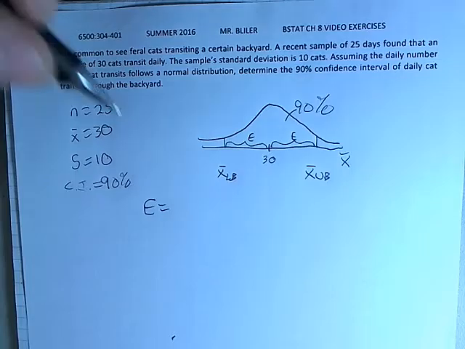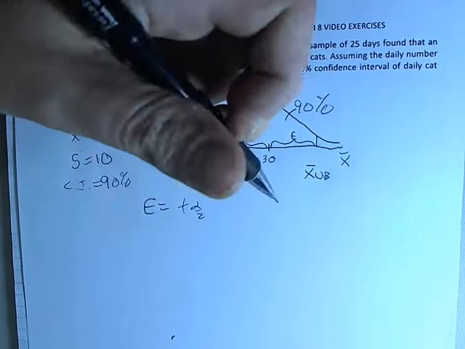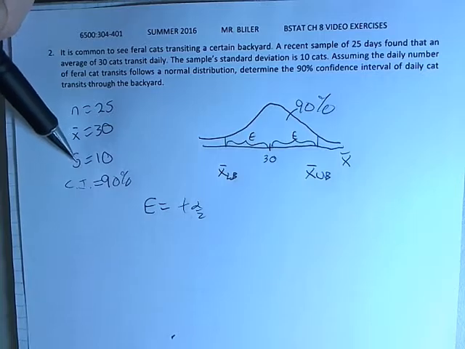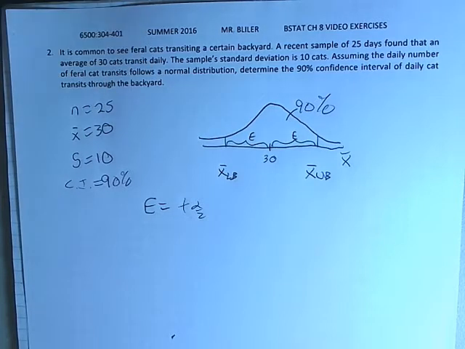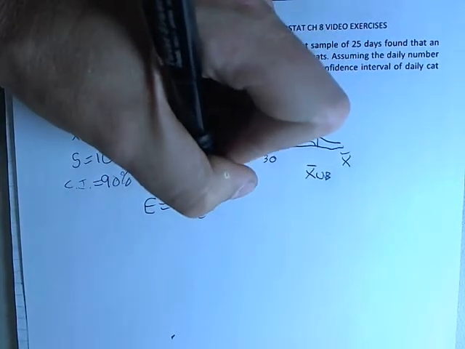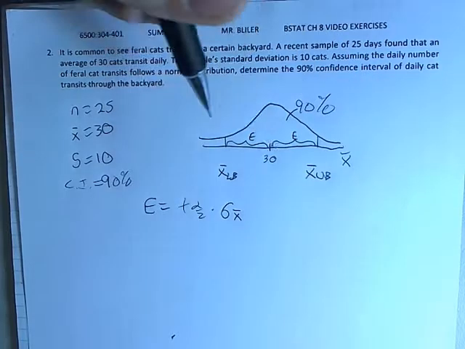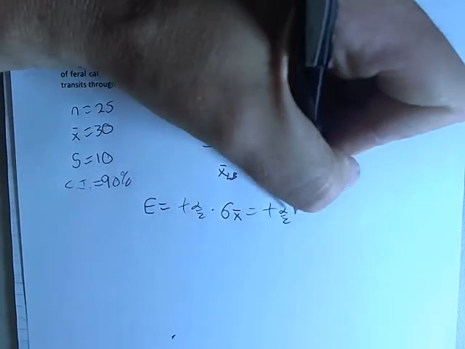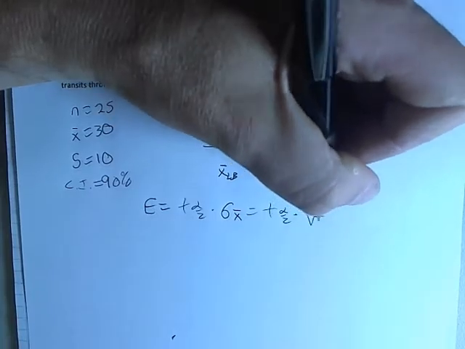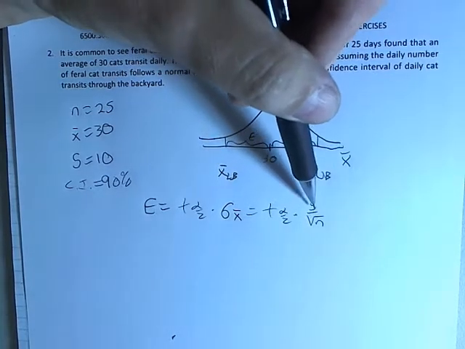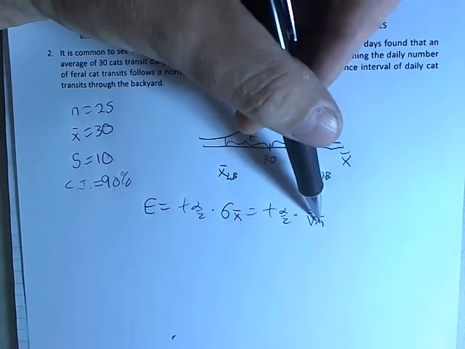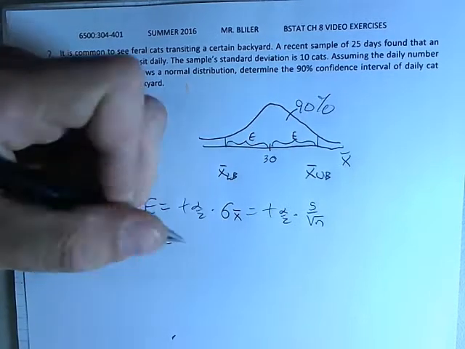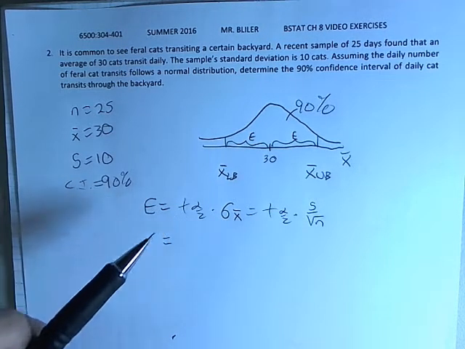And that formula in this case is going to use the t alpha half or t distribution because of the fact that sigma is not known here. So we're going to be looking at t alpha half multiplied by the standard error of this distribution. That will break down to t alpha half multiplied by sample standard deviation divided by square root of sample size. So first thing we'll do then is come up with the appropriate t alpha half value.